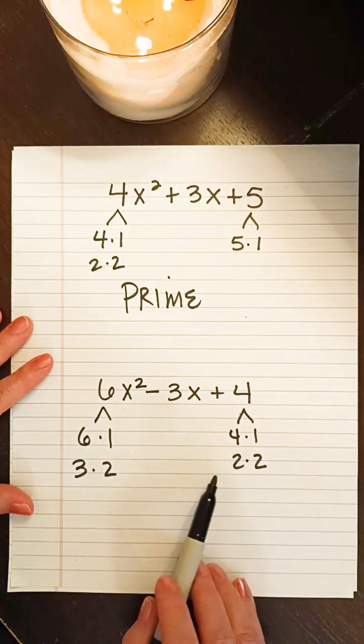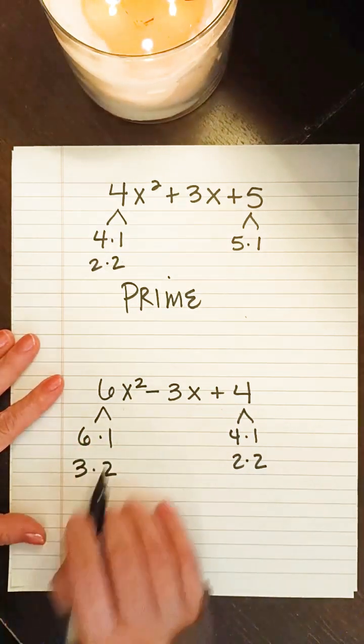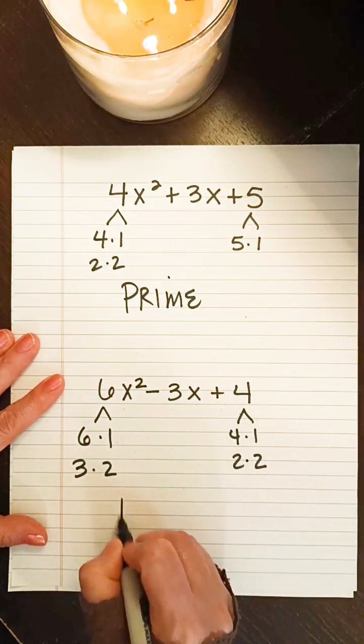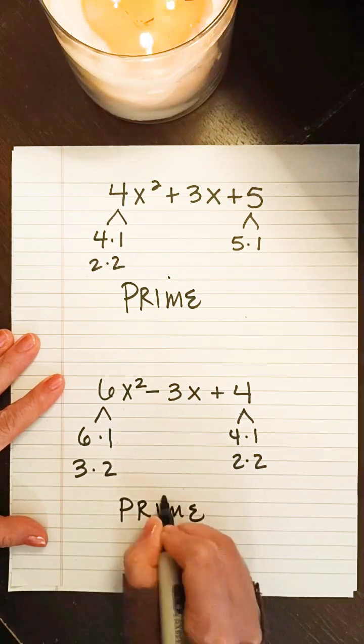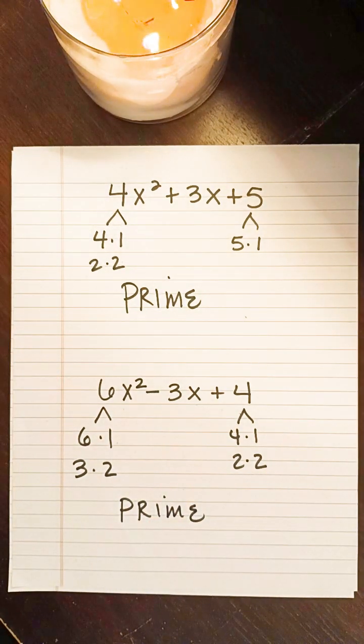And I can see here that we're never going to get a 3, no matter how we combine these pairs with these pairs. Again, this is also prime. Or as I said, we can also say irreducible, not factorable. We can't use integers to factor these quadratics. Let me stop there.